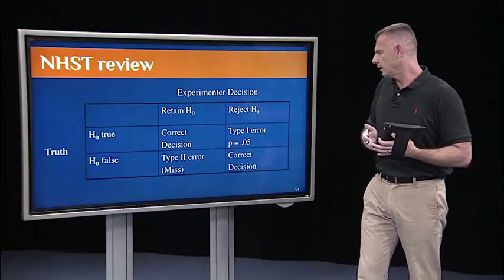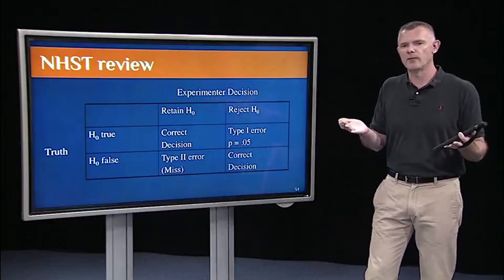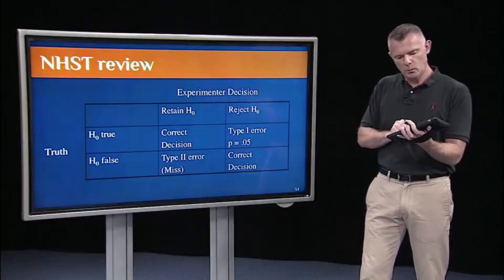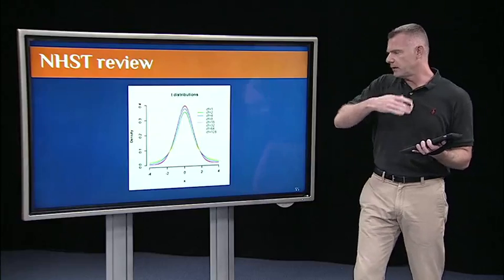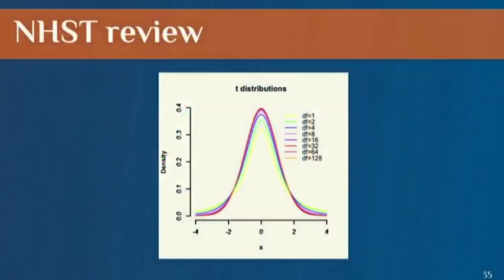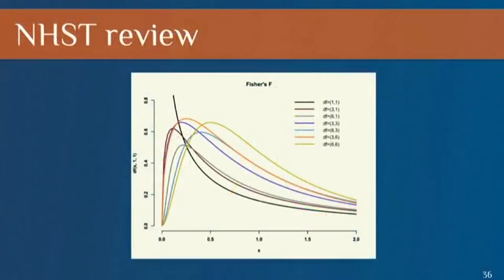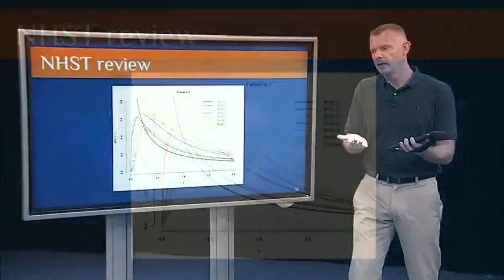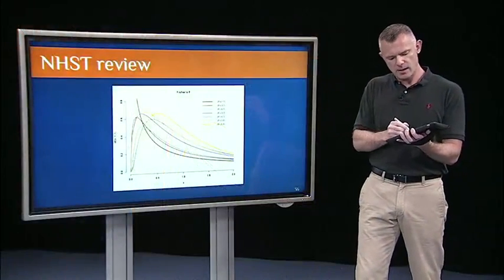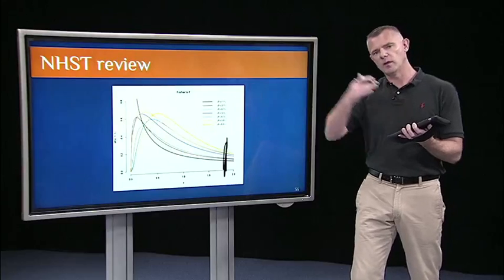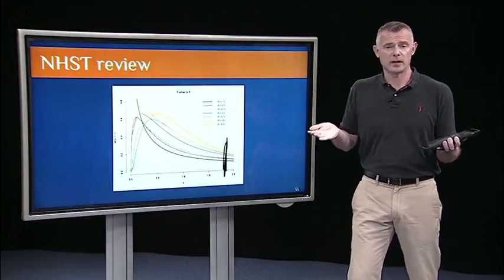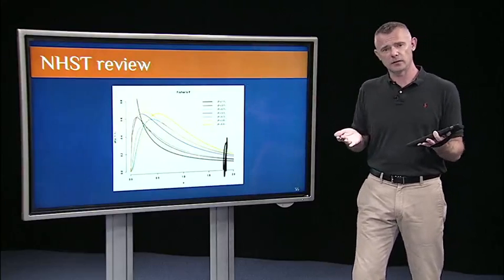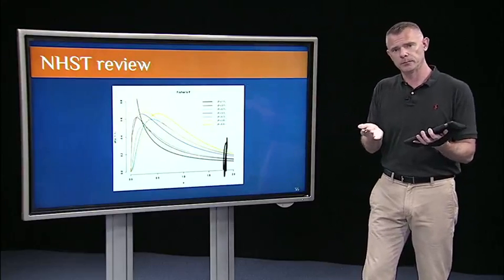That's convention because we can all live with about a 5% error rate. What that means is, if I have this family of t distributions or family of F distributions, and there's really nothing going on, no effect, but I do the experiment over and over again 100 times, then 5 times out of 100, I'm going to get a fluky outcome, one that's way out in the periphery, and I'm going to claim that there's a significant effect, and that's a false alarm, even if the null is true.